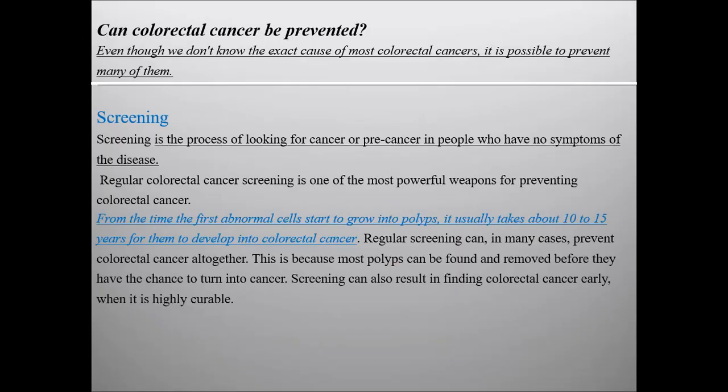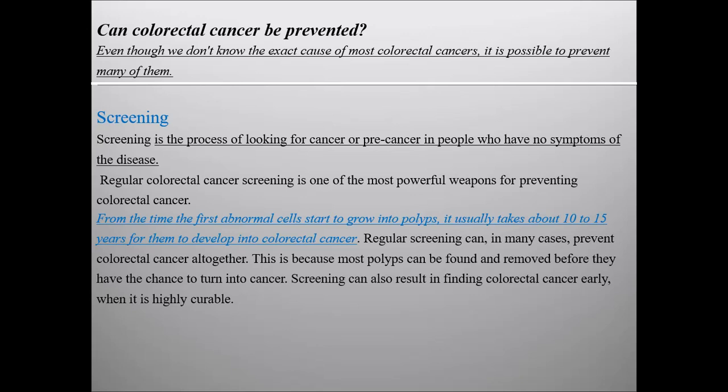There is a screening program in the UK. They are mostly doing it in patients aged 60 to 69 years, and their studies show that there is a 15 to 20% reduction in morbidity and mortality.